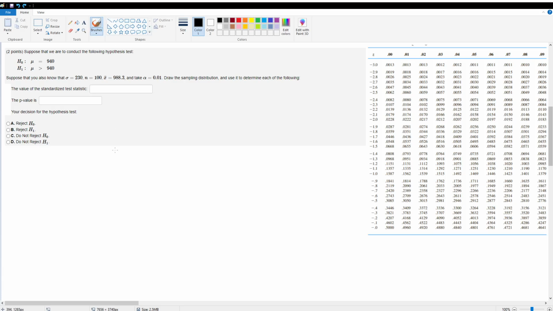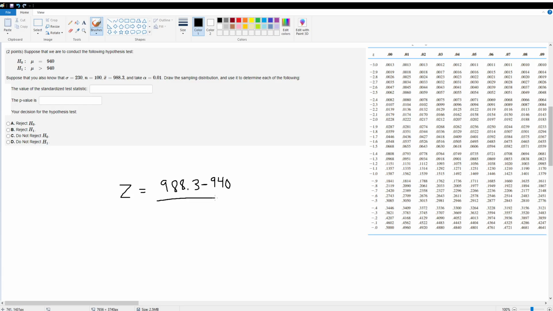So for this one, to compute our test statistic z, we have a sample mean of 988.3, and we have our hypothesized mean of 940.